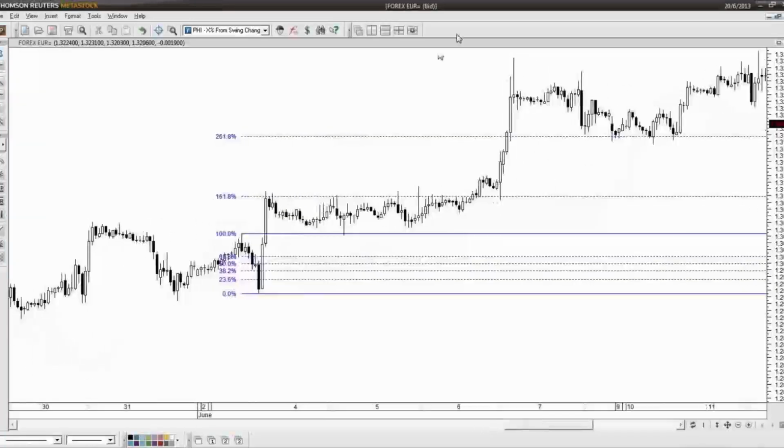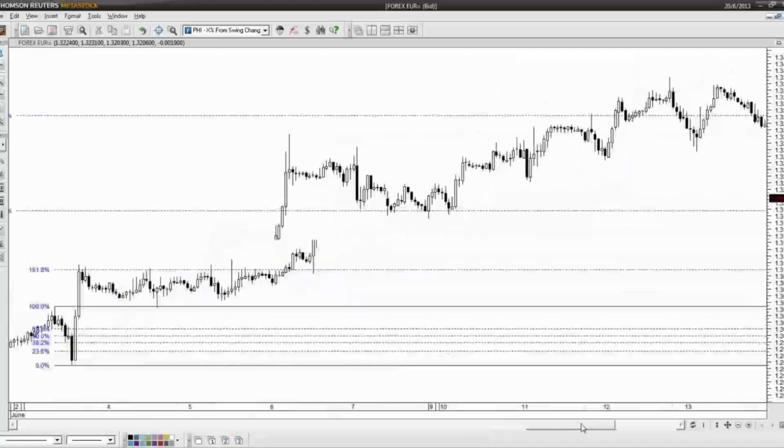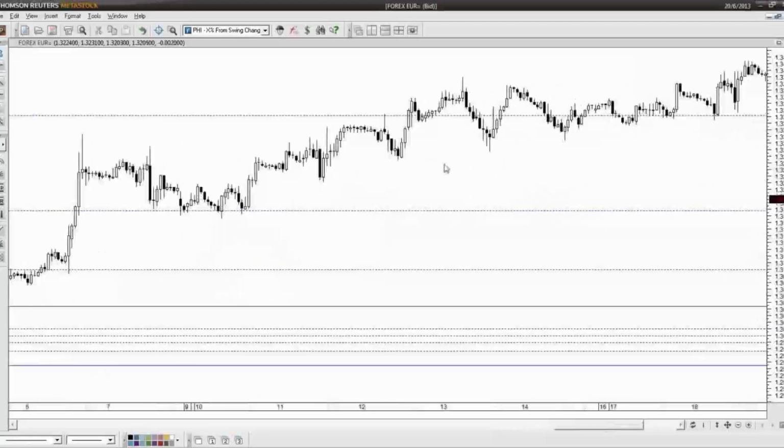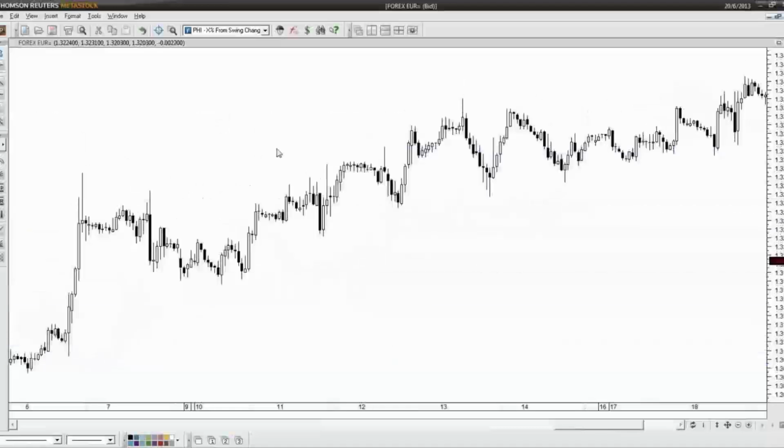It became a range again, and this is actually the problem with the lower time frames. And then a range again. So what changes in the lower time frames is that you need more tools to help you filter the swings, and more experience to be able to identify the correct swings versus the ones that are not.